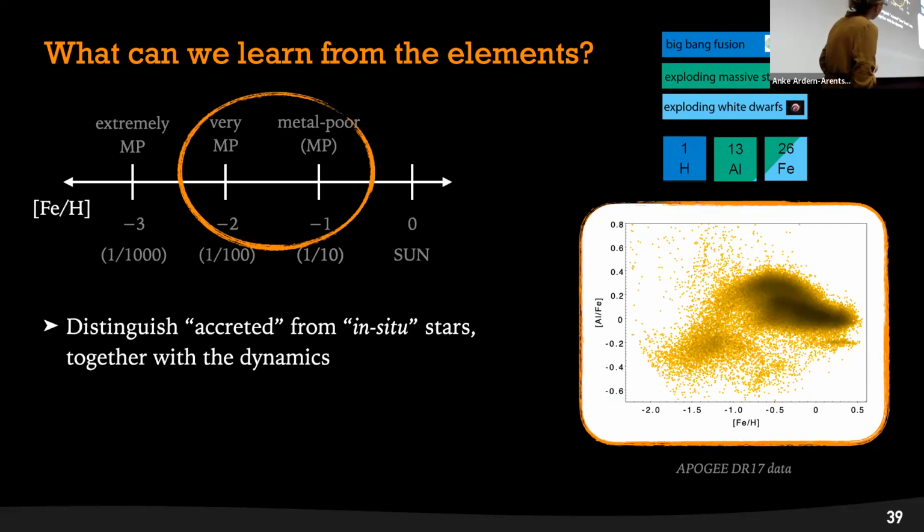Whereas iron, which is here in the ratio, forms almost equally from white dwarfs, which take a longer time, and these massive stars. So this ratio splits stars that are in the disk, formed inside the Milky Way, from stars that were accreted from small systems. So you can use the chemistry to split them from each other and identify that these were all coming from external systems and these were all formed inside the Milky Way.